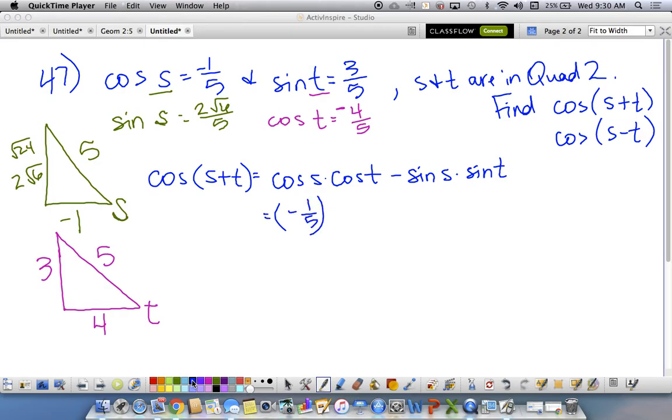What's cosine T? Negative 4/5. Minus sine S, 2 times the square root of 6 over 5, and sine T is 3/5. All those denominators are 5s.